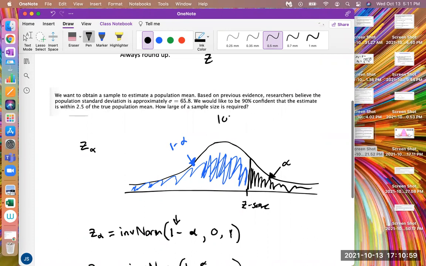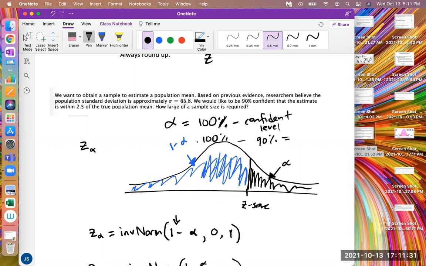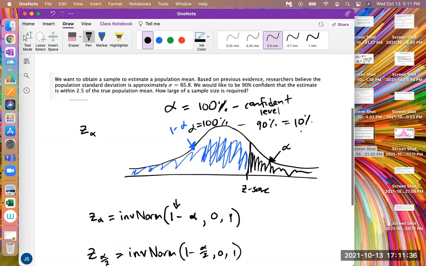To find alpha, it's 100% minus our confidence level, and it has to be written as a decimal. In this situation, it would be 100% minus 90%, so our alpha would be 10%, but we always have to write it as a decimal when we plug it in. So it would be 0.1.